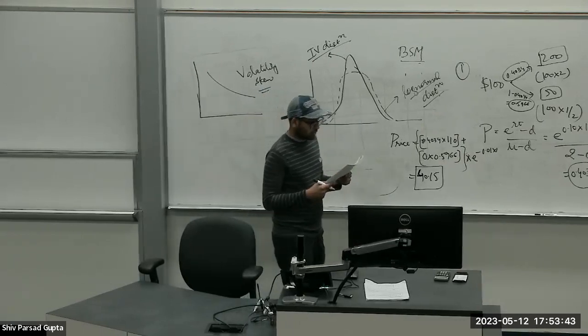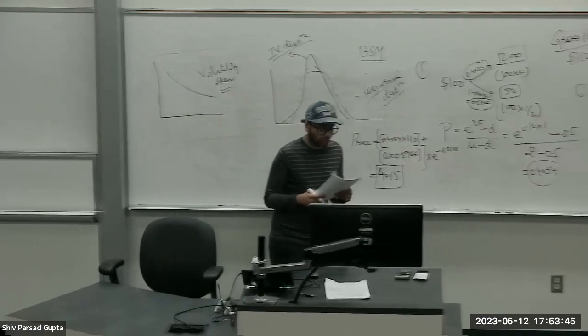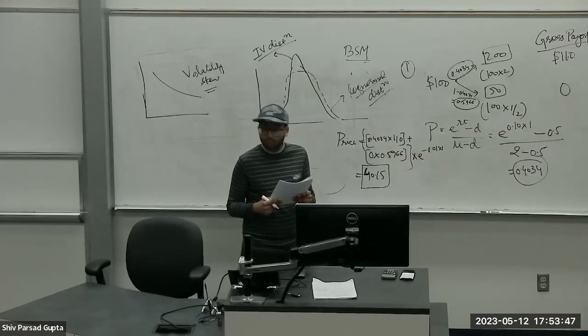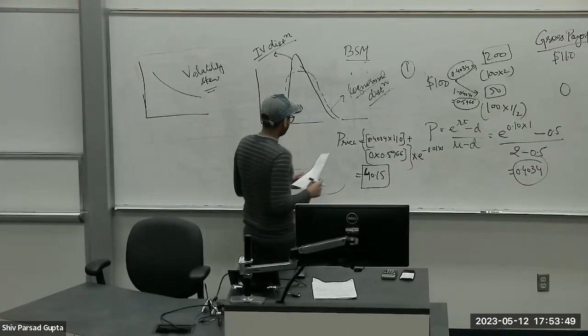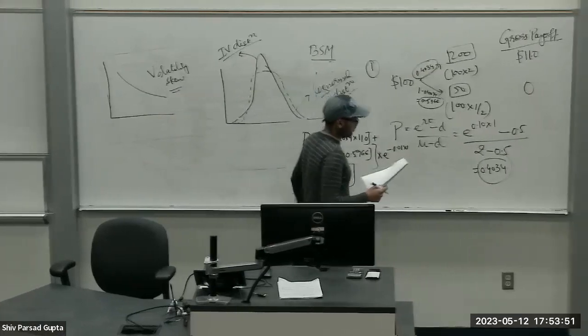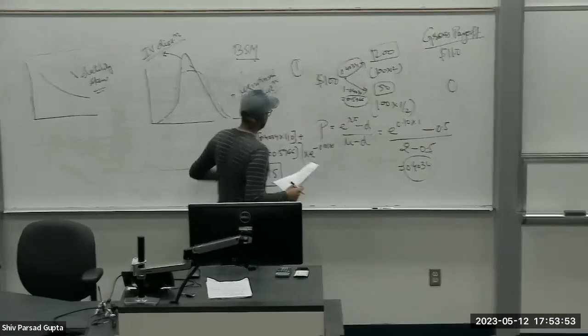Now moving forward to question number 2. It's also a binomial tree model, but it's a two-step model.